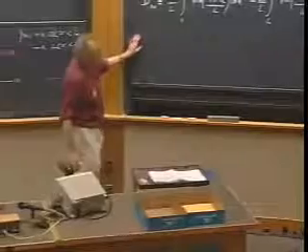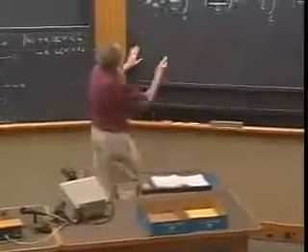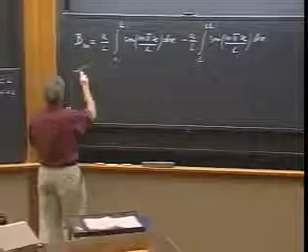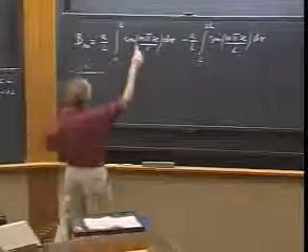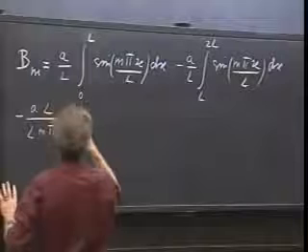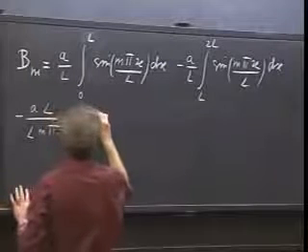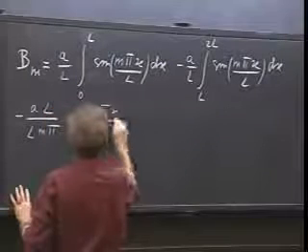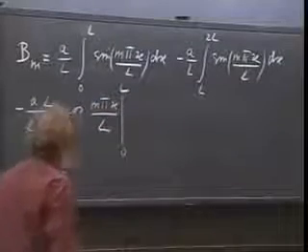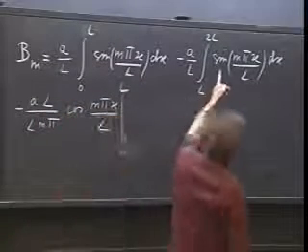This integral is trivial, of course. If I do an integral, I get minus the cosine. So I get an a divided by L out, and I get m pi downstairs, and I get L upstairs, and then I get the cosine of m pi x over L. And I have to evaluate that between 0 and L. And here I get a minus sign out.